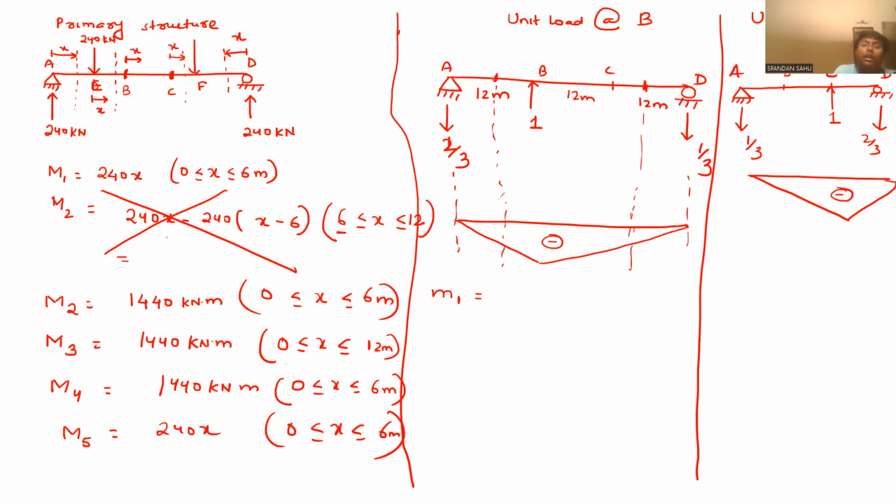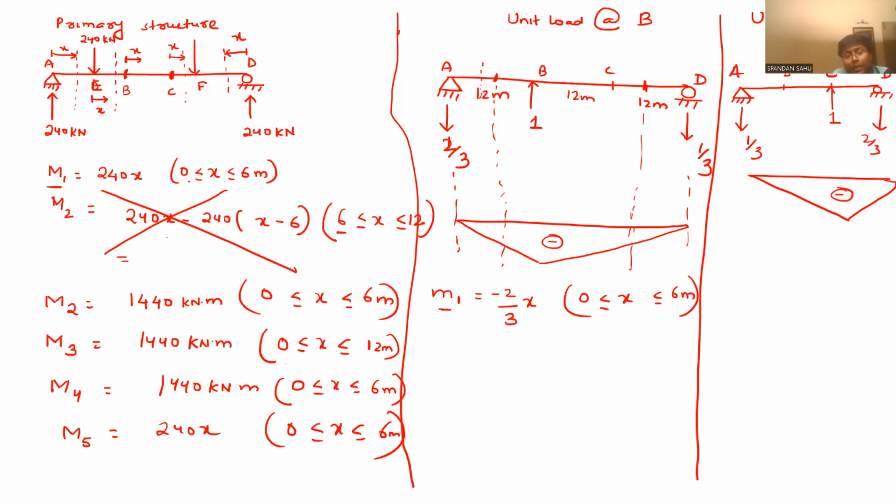Now, I will cut a section here and I will write the bending moment equation. So it will be minus 2/3 of X. Here X will vary from 0 to 6. Make sure of that, because you have to multiply this small m1 with capital M1.